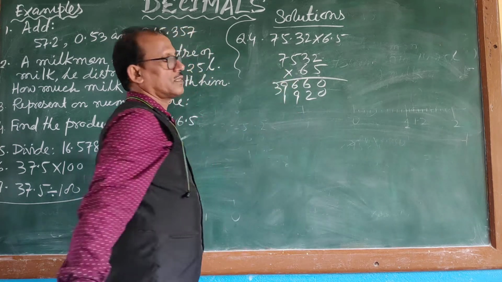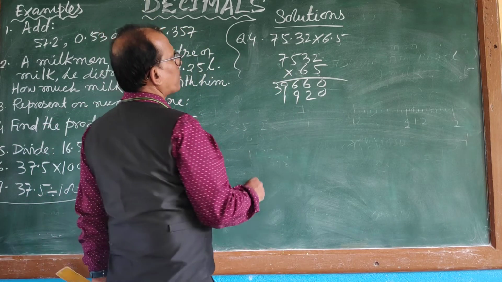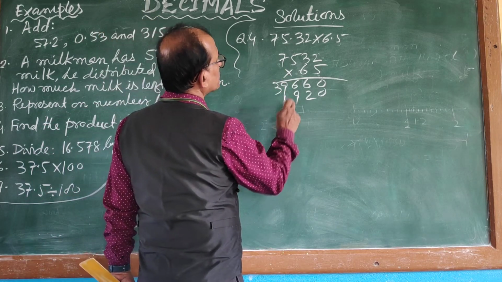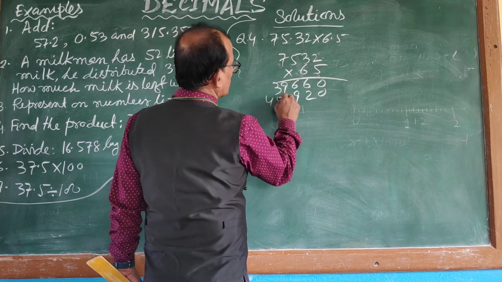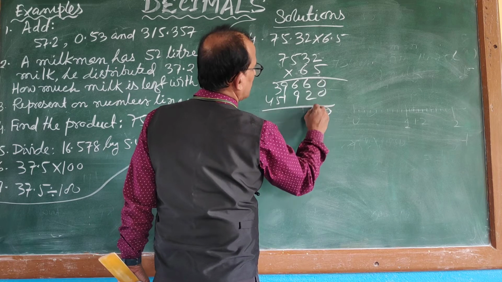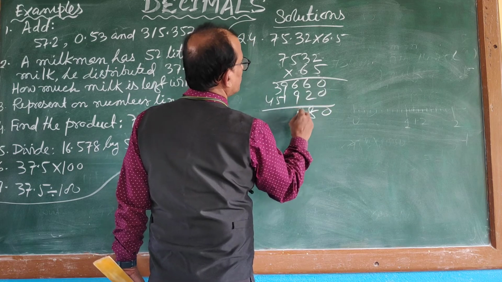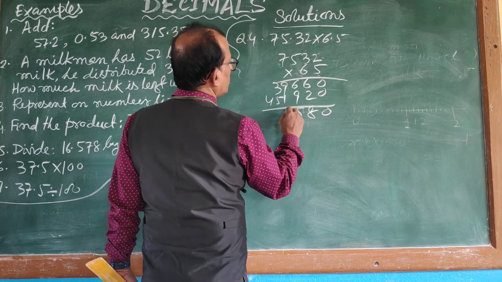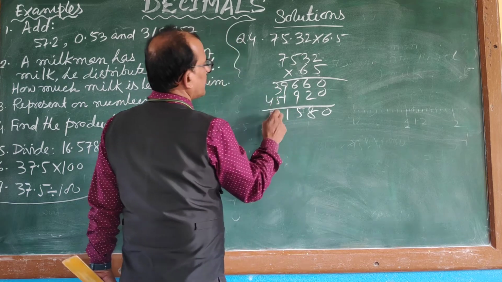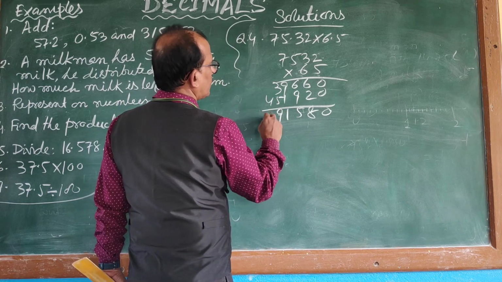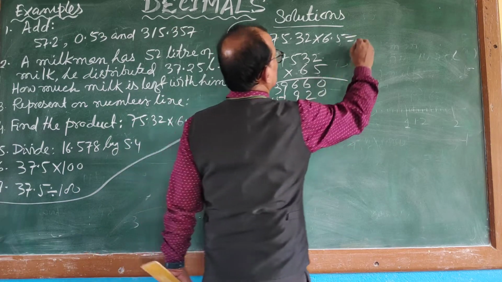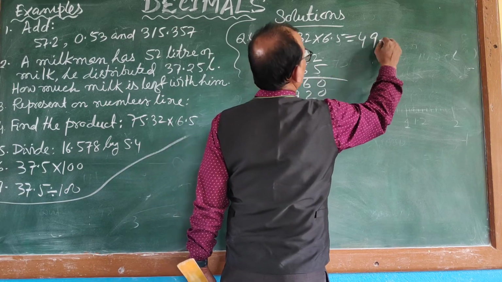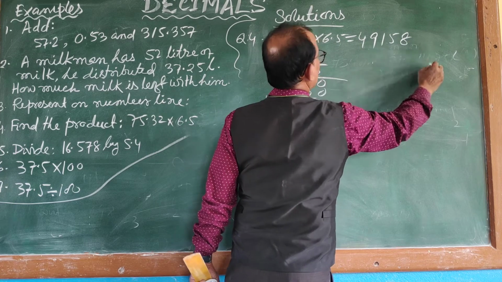Then 6 times 7 is 42 plus 3, 45. So the product we write down first: 491580.